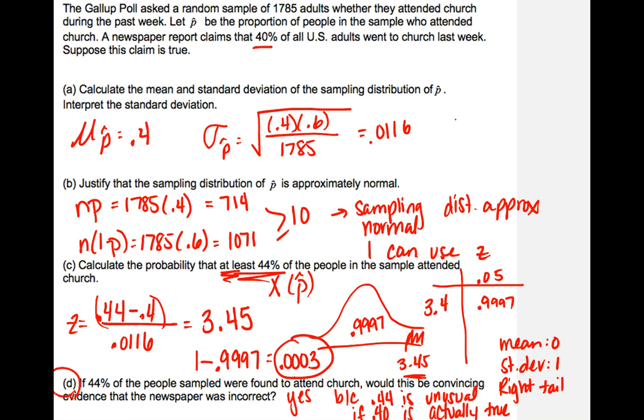And so this part D here is really just a lead in to the inference procedures that we'll be doing in a couple of weeks. But again, just looking at those probabilities, and if they're very small, typically less than 5%, then that gives us evidence to doubt a claim.